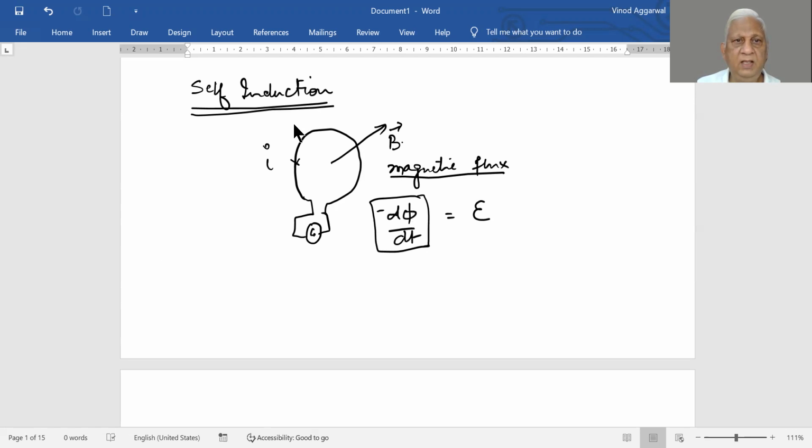So an EMF will be generated within the loop by way of a change in the current in the same loop. Isn't it funny? You have a current in a loop, and if the loop current is changed, there's an EMF generated within the loop. And this EMF is generated on account of self-induction.